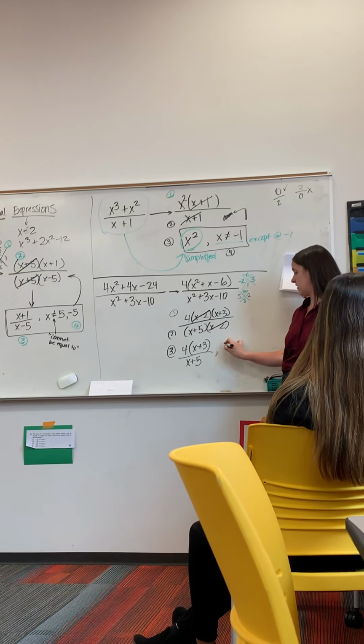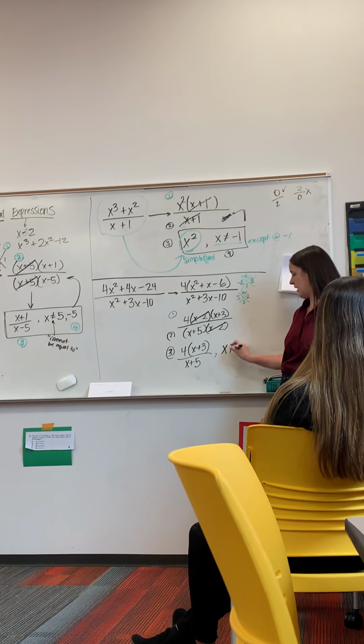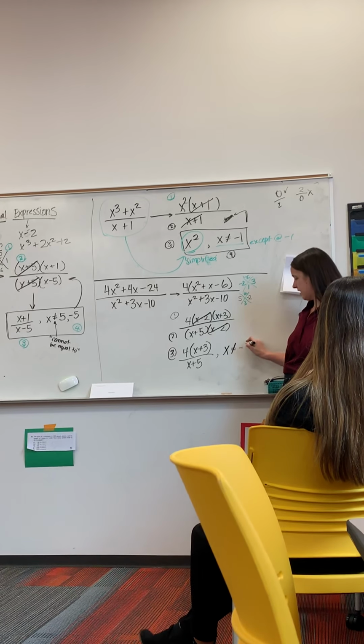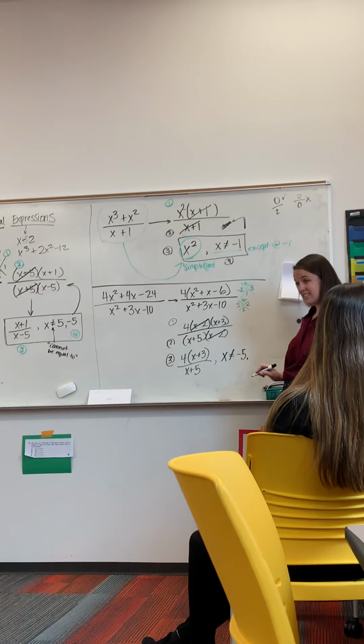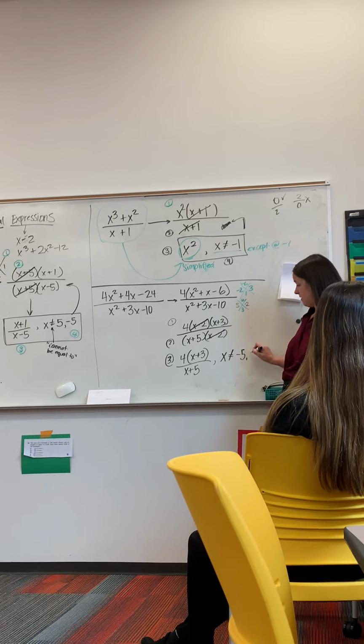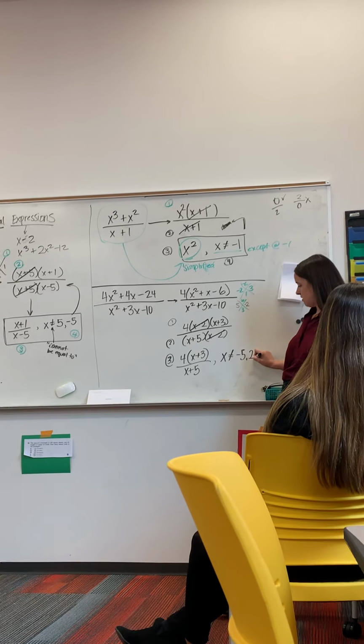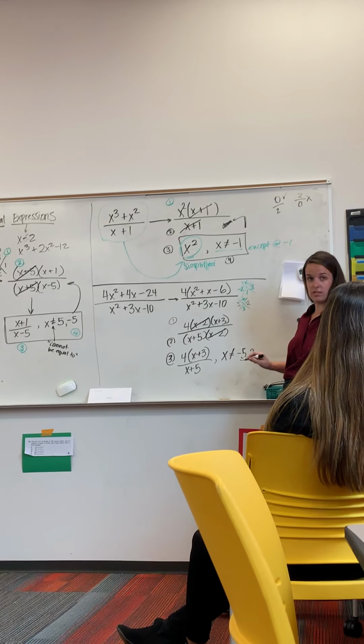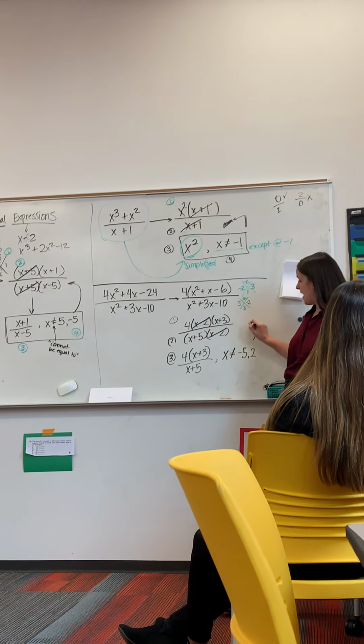Excluded values. So x cannot be what? -5. And can I say positive 2? Yes, you can totally say 2. But you forgot about step 2. We have to go back to step 2.